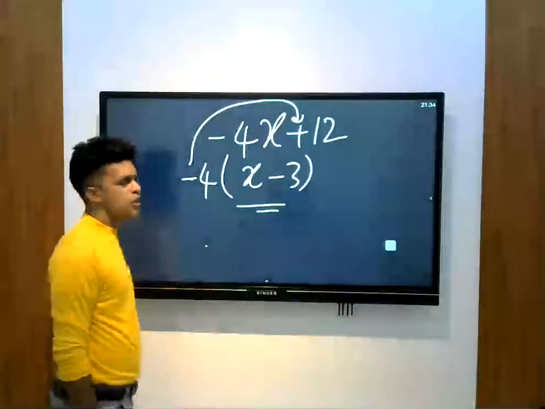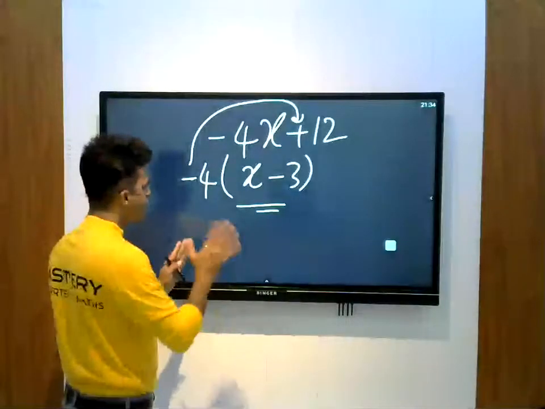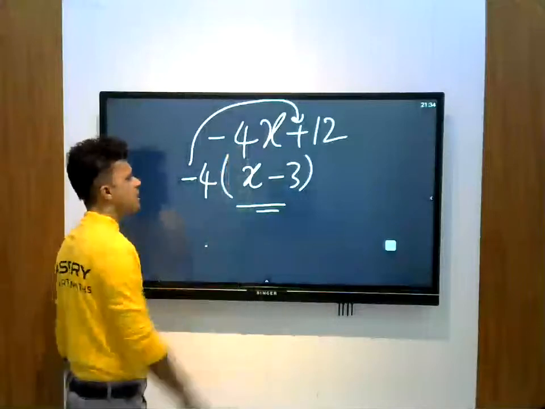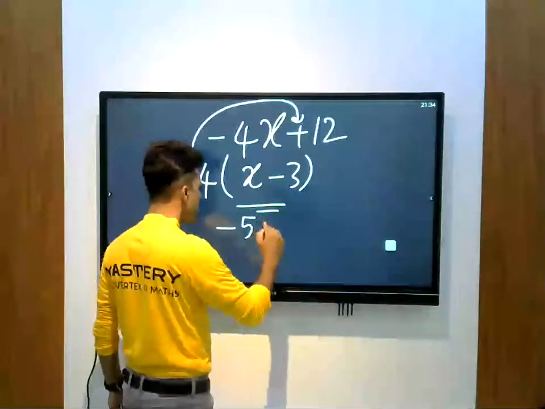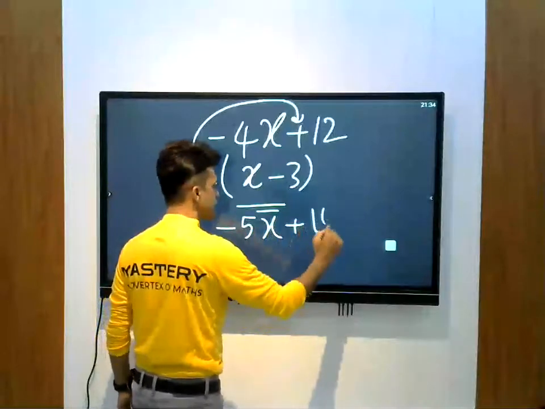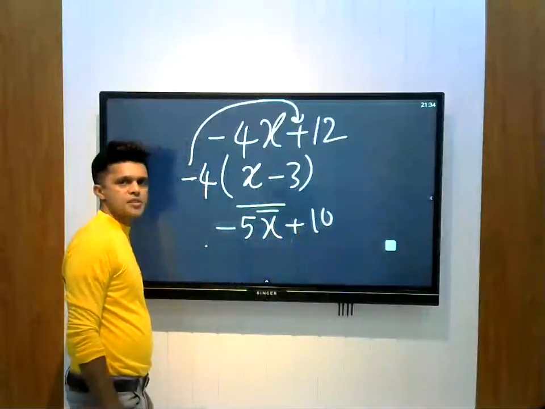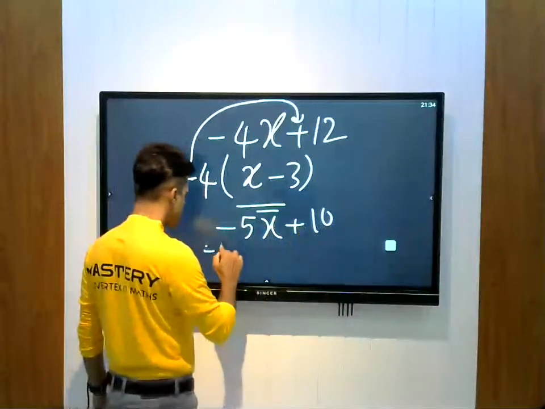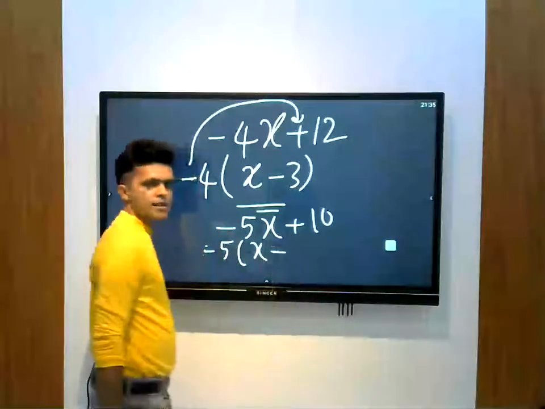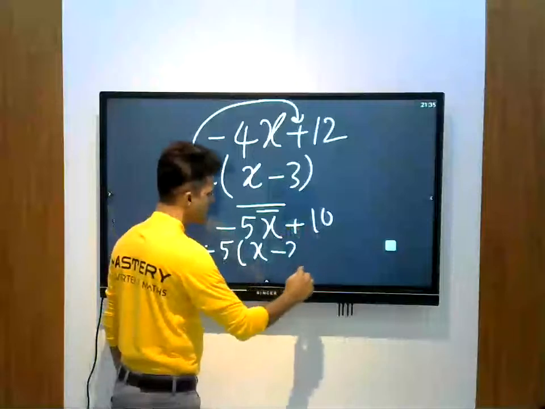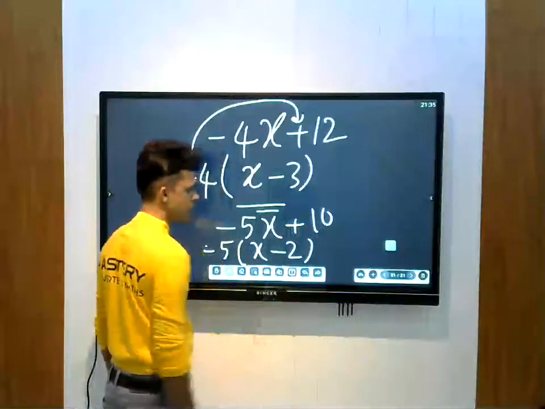Next, this is the way of simplifying this type of expression. Think of this one, minus 5x plus 10. What is the common factor here? Minus 5 into x, minus into plus is minus. 10 upon 5 is 2.